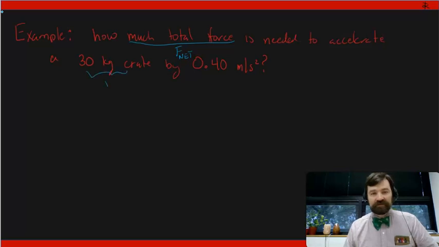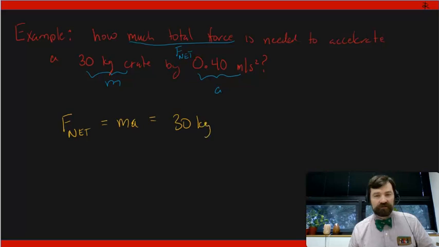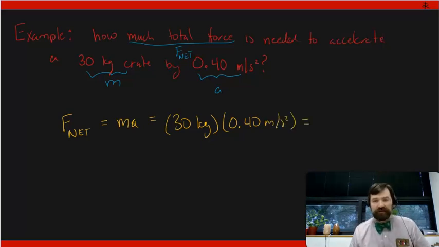This is giving us the mass, and this is giving us the acceleration. Newton's second law says that this net or total force is the mass times the acceleration. That is 30 kilograms times 0.40 meters per second squared, and that gives us 12 newtons.